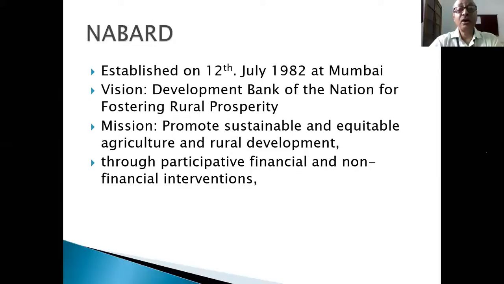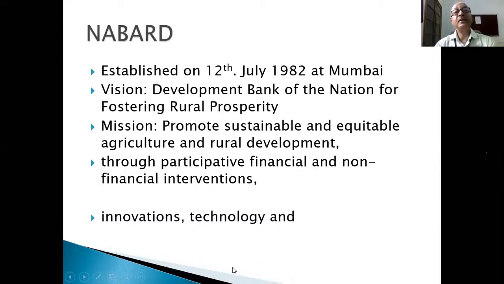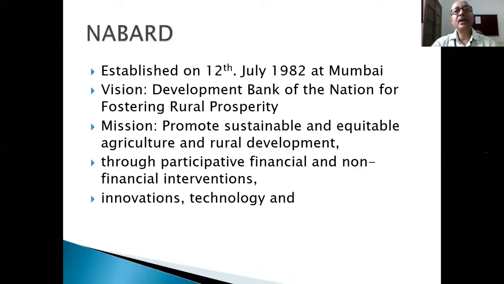So this is what is called participative intervention, and this will not only be financial, but also non-financial. It means it has also the role of promotion, the role of development, because in the earlier slide, if you remember, I had told that these development financial institutions also source money from international agencies. Like, I can give you an example, Swiss Development Corporation.